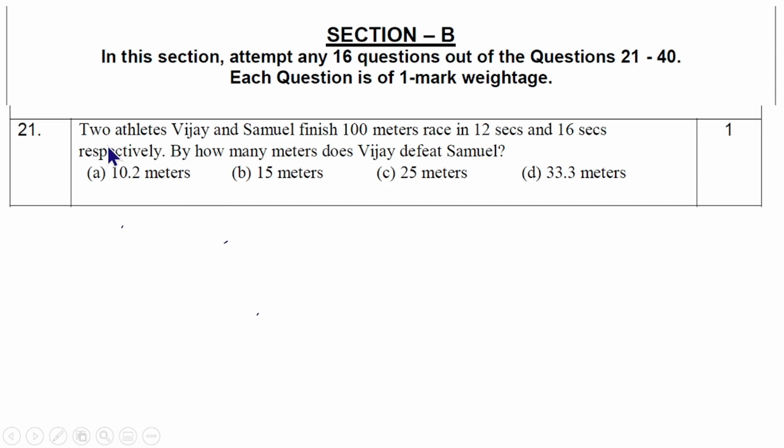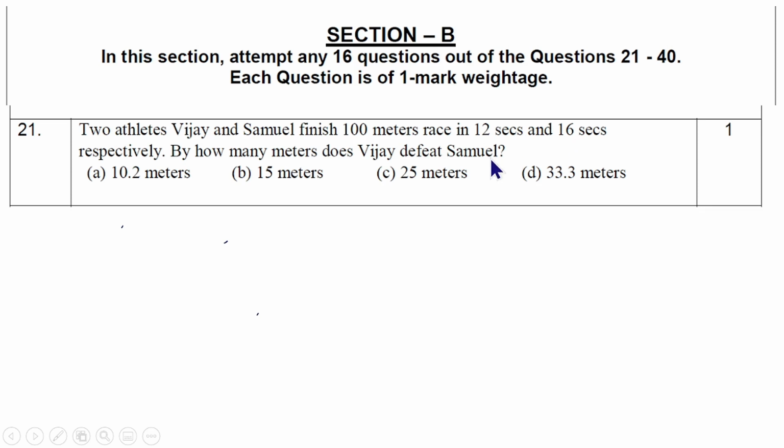So here it is given there are two athletes Vijay and Samuel and they finish 100-meter race in 12 seconds and 16 seconds respectively. We have to find the distance by which Vijay defeats Samuel. Here Vijay finishes the race in 12 seconds and Samuel finishes the race in 16 seconds.